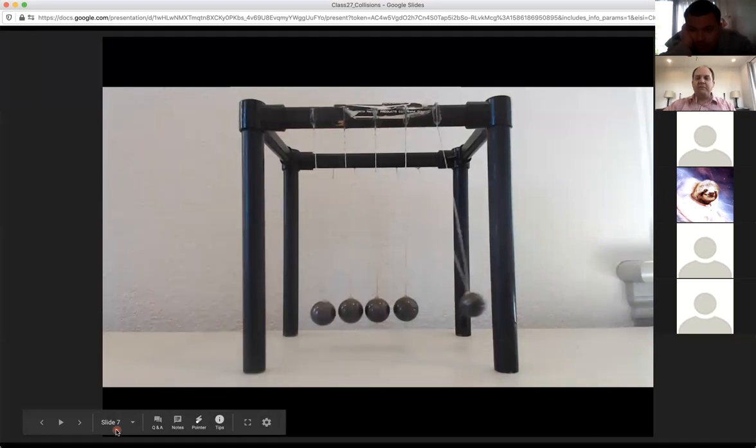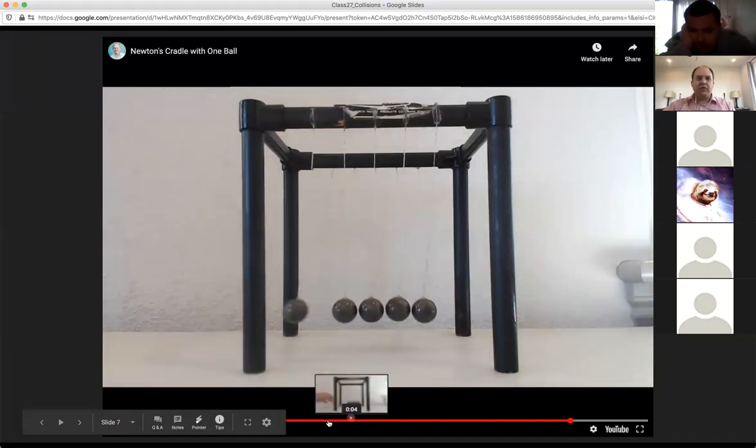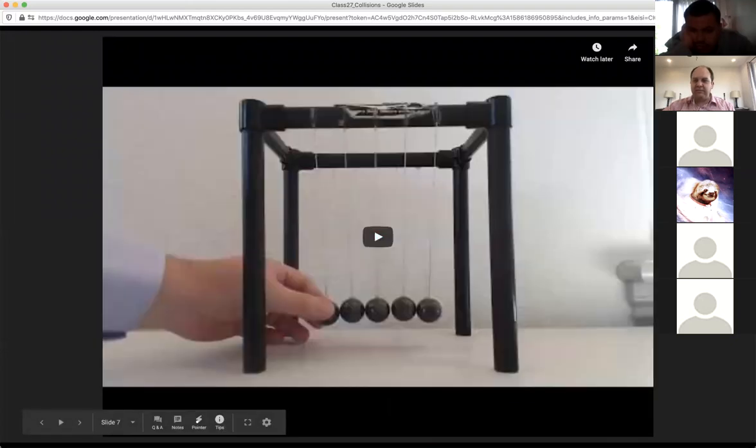When I pulled the thing back, right before I let it go, how much momentum did the system have? 0, right? Nothing's moving. But once I let it go, that ball got some momentum, right?